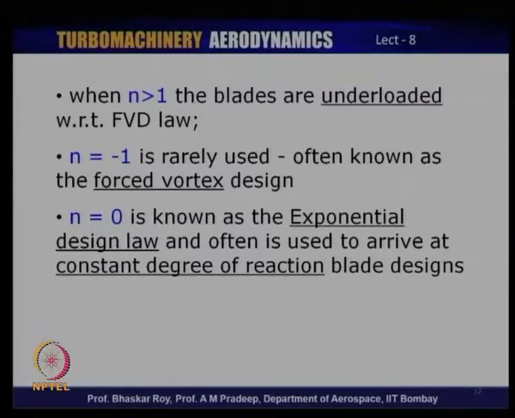You may like to underload the blades under certain operating conditions, and the reason is near the tip of the blade or near the hub of the blade, quite often the blades have to contend with the casing boundary layer and the hub boundary layer. Now, these two boundary layers interfere with the aerofoil operation, and hence the aerofoils do not really operate like aerofoils as they should near the tips and near the hub of the blades.